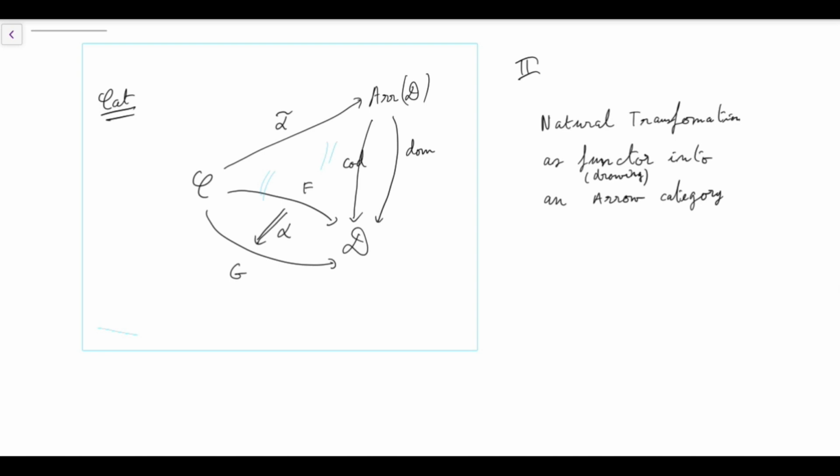It's a very common phenomenon, and you can meditate on the natural transformation as a drawing into this arrow category, and you can also meditate on this mechanism of packing more power into a category.